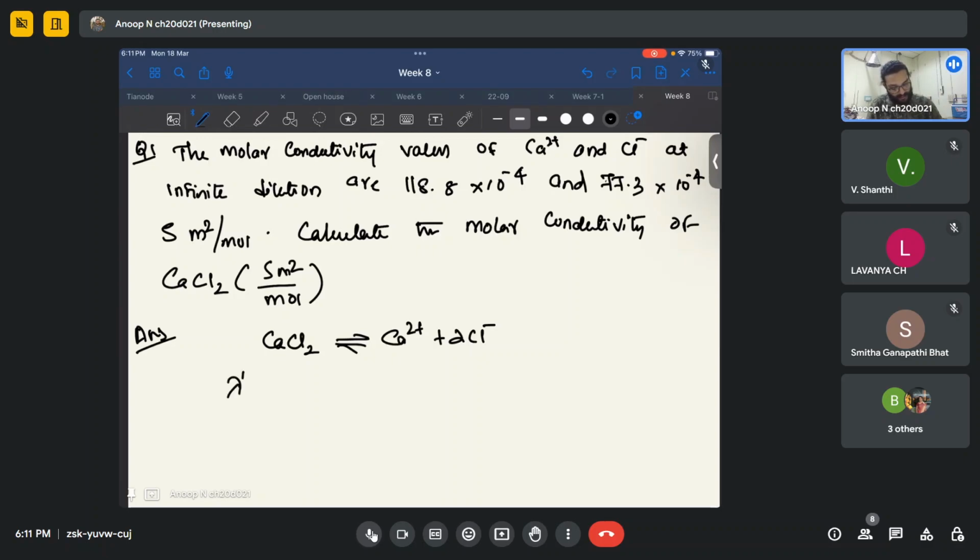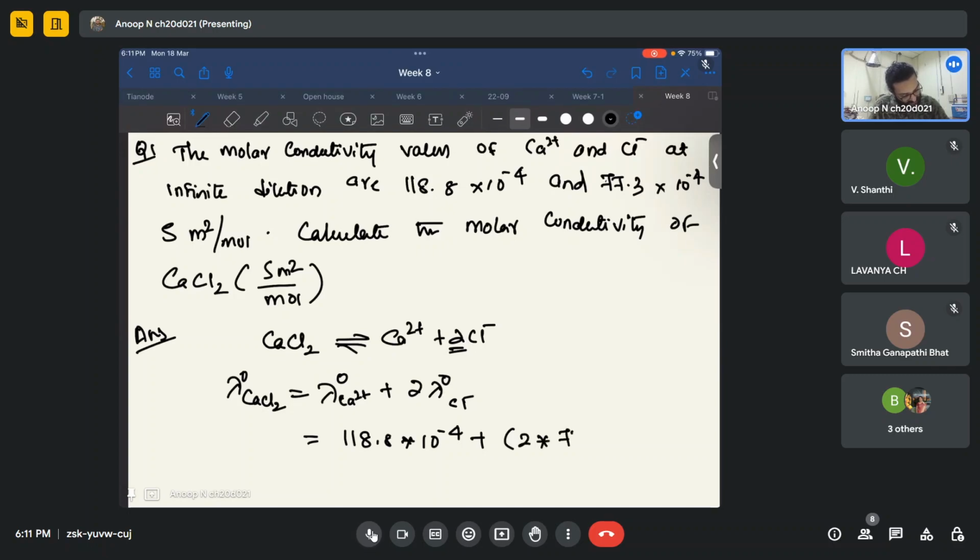So how can you do that? Lambda 0 of CaCl2 is equal to lambda 0 of Ca2+ plus 2 times lambda 0 of Cl-, because of the stoichiometry. So it is 118.8 into 10 raised to minus 4 plus 2 into 77.3 into 10 raised to minus 4. The answer will be 273.54 Siemens meter squared per mole.